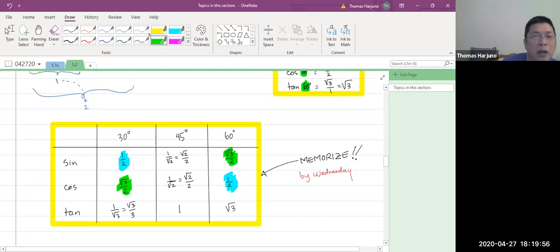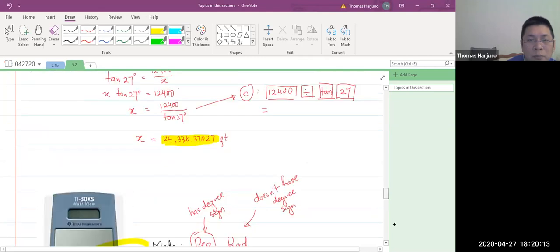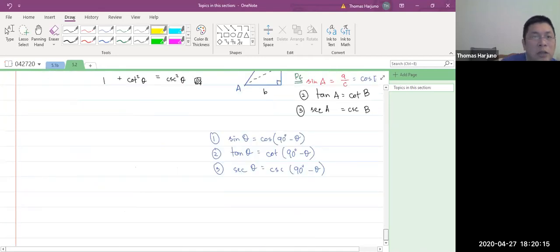Right? And sine 45, the complementary angle of 45 degrees is 45 degrees. So sine 45 degrees is equal to cosine 45 degrees. Right? Let's write it down here as a note.